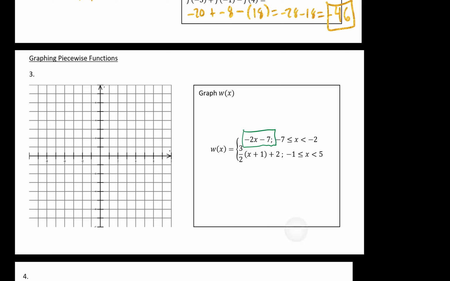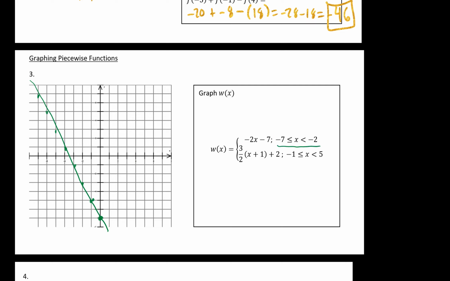So it looks like here's negative 7. There's negative 7. And it's a negative slope, so I go up and to the left 2 over 1. Okay, not bad, right? But this graph, where is its domain? Where does it live?